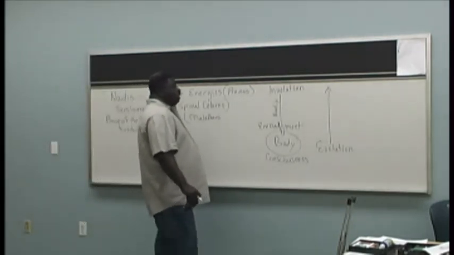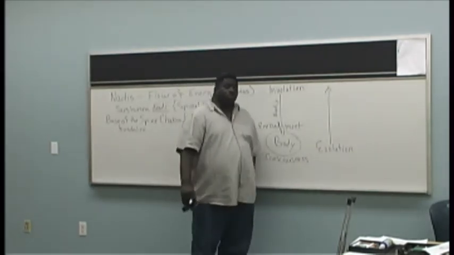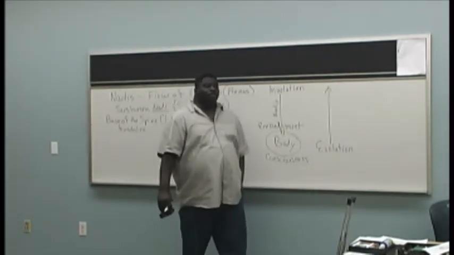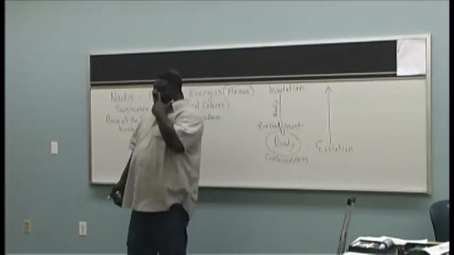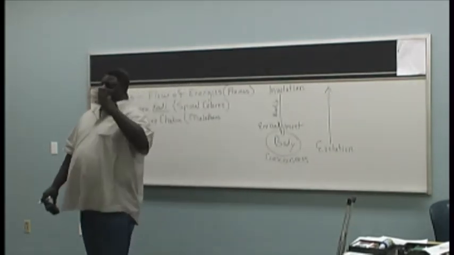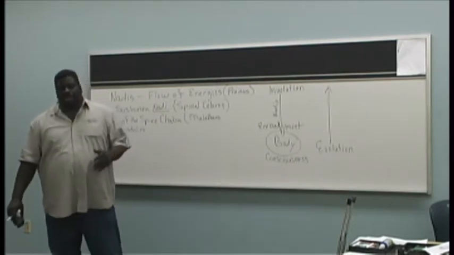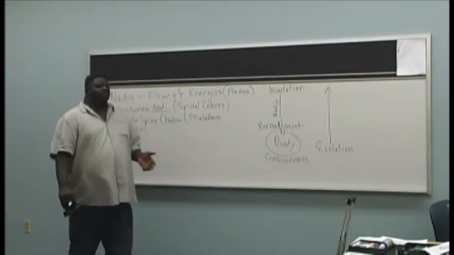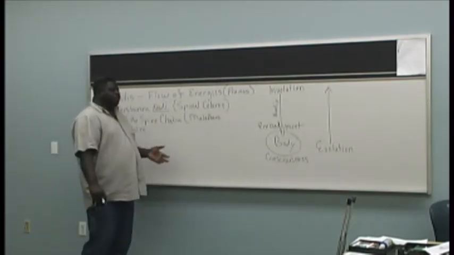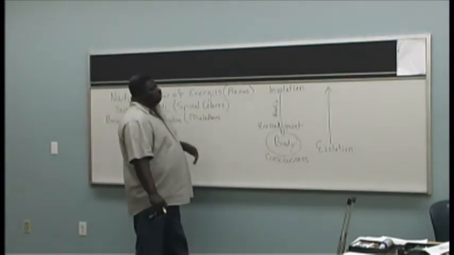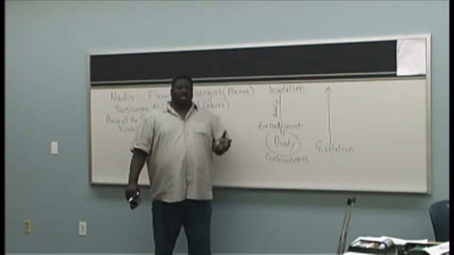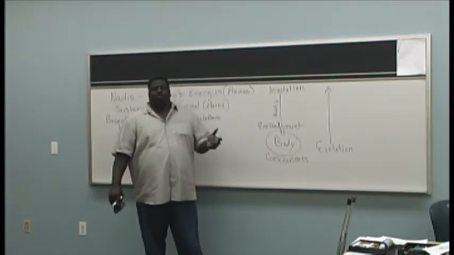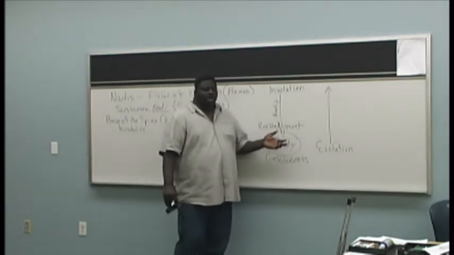So, in order for the soul to carry out the will of God, because the will of God, in all the Bibles, whether it was the Hindu Bible or the Buddhist Bible or the Torah or the Christian Bible or even the Quran, it states that God spoke the word, right?